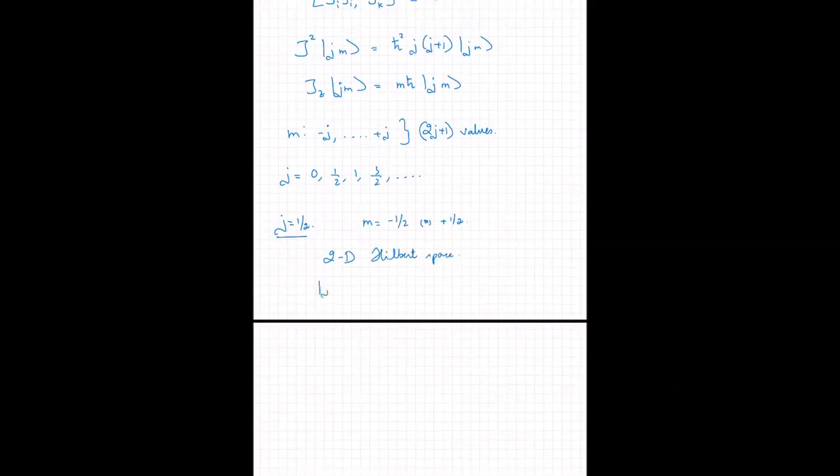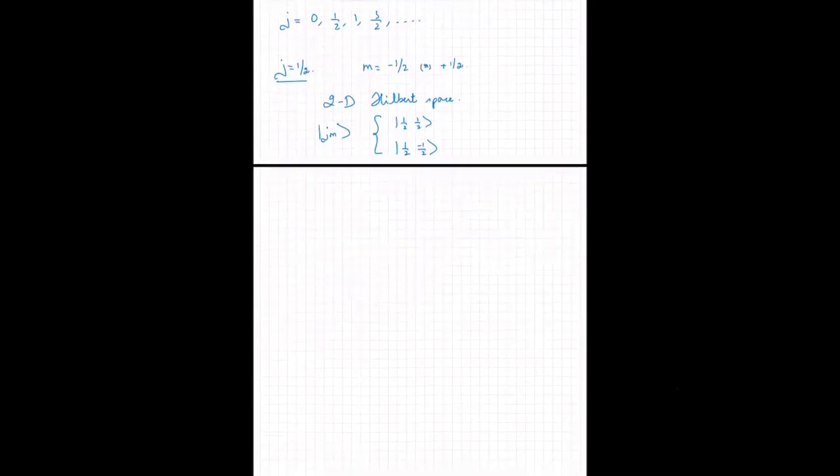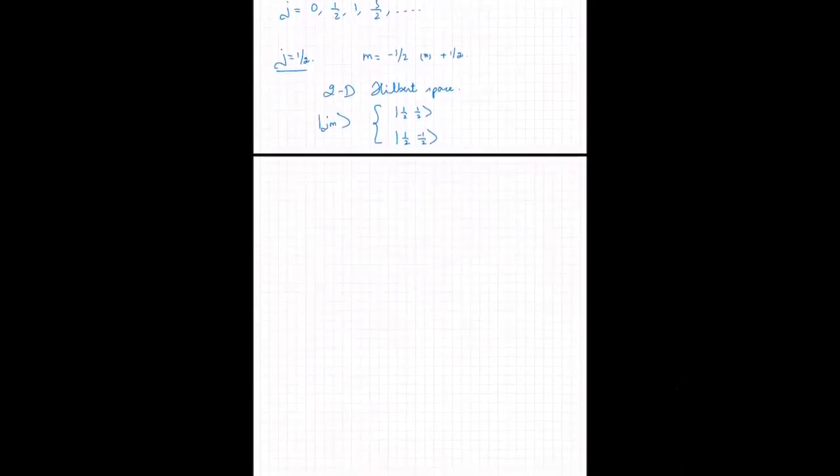The two eigenkets that span this Hilbert space, the |jm⟩'s, are |j=1/2, m=1/2⟩ and |j=1/2, m=-1/2⟩. So these are the two eigenkets. When I say that these span the Hilbert space, I mean that these are orthogonal.